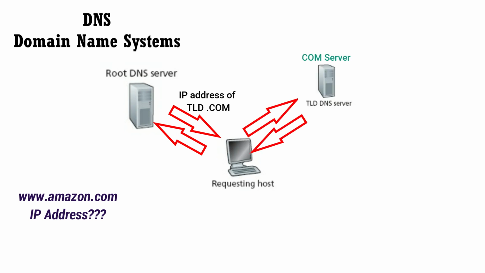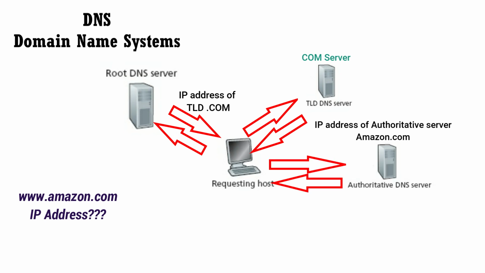The client then contacts one of these top level domain servers, which returns the IP address of an authoritative server for Amazon.com. Finally, the client contacts one of the authoritative servers for Amazon.com, which returns the IP address for the hostname www.amazon.com. We will examine this DNS lookup process in more detail.